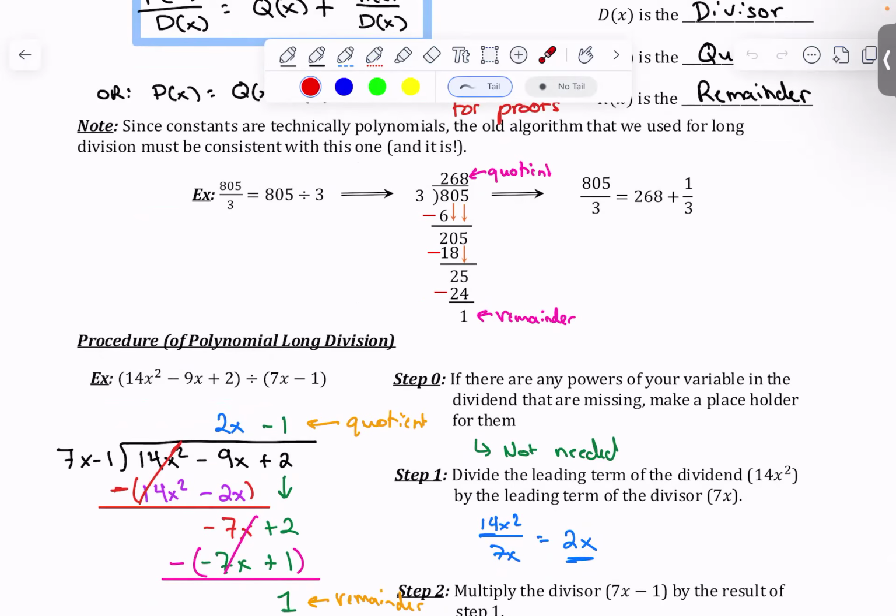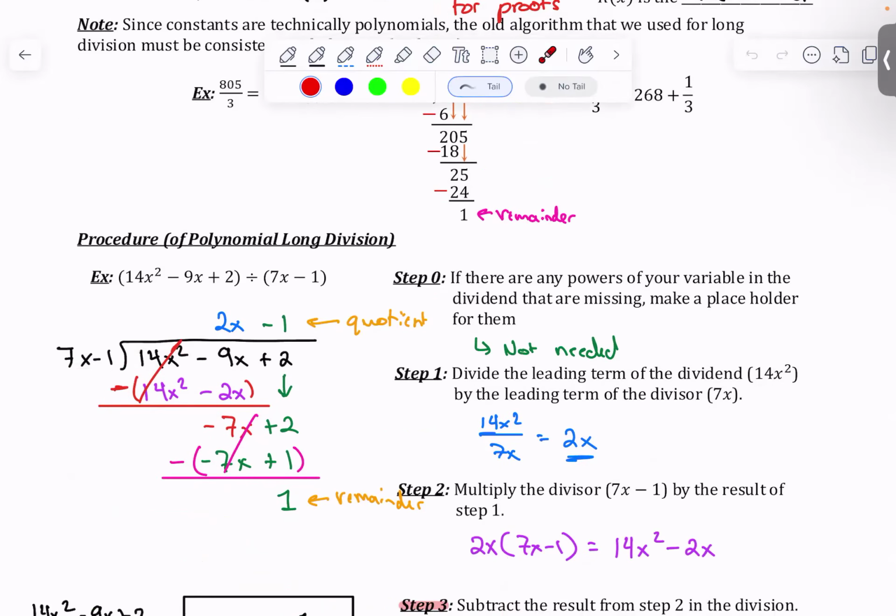So we don't need to put any placeholders. We'll see an example of that in a moment. Then what you are doing is essentially saying how many times does 7x go into 14x squared? And the answer is it's 2x because if you multiply 7 by 2, you get 14. And if you multiply x by x, you get x squared.